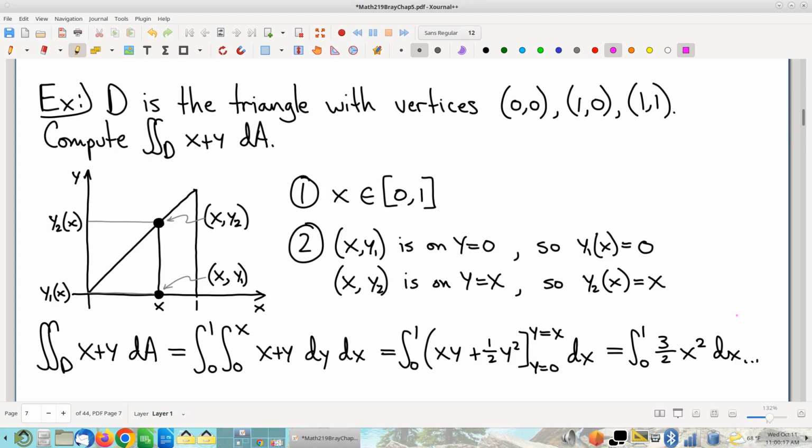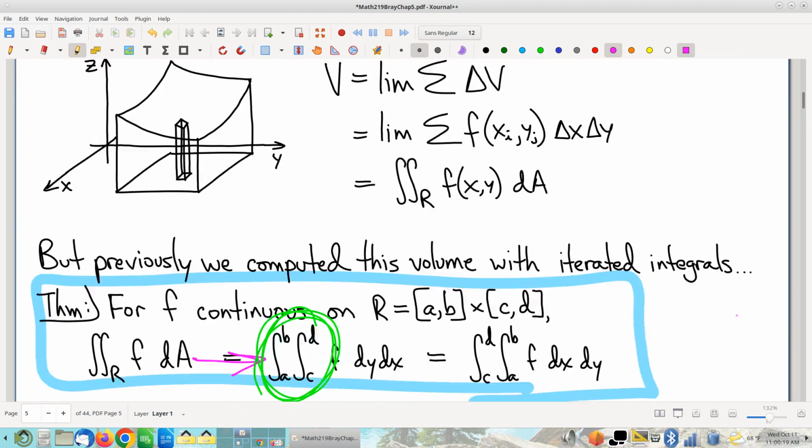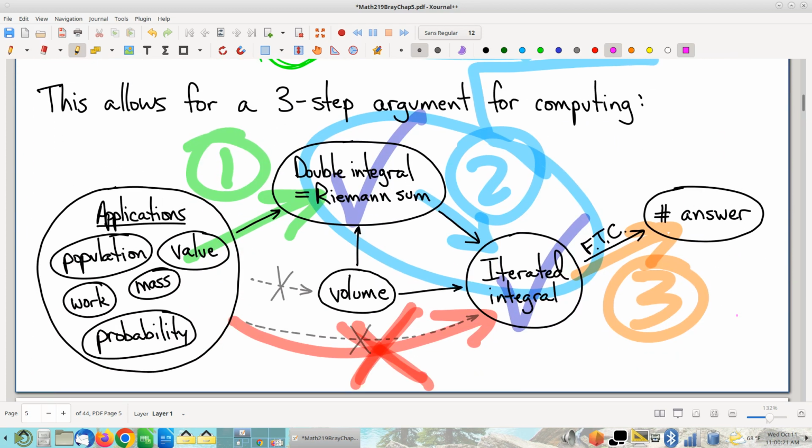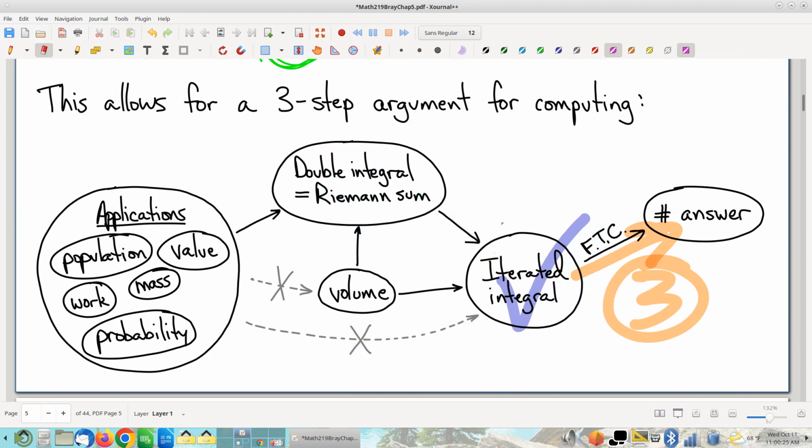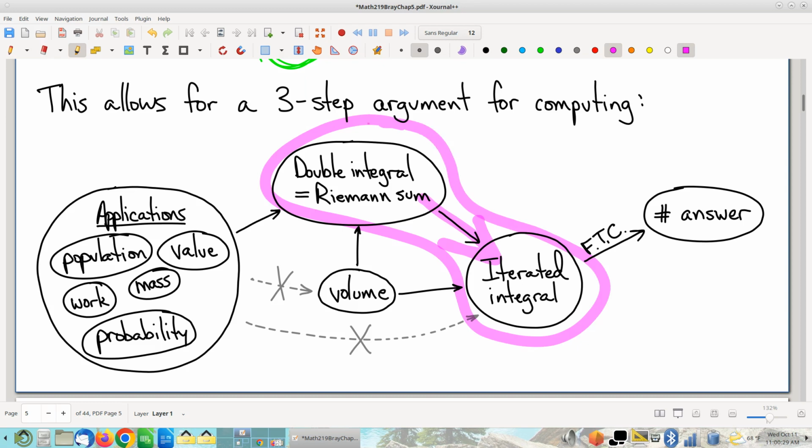Let me go back to our roadmap. Yeah, here we go. In our roadmap, what we're focusing on right now is just this: how to turn a double integral into an iterated integral. Yes, there's always the question of where does this double integral come from? Maybe I'm computing mass or work or whatever.